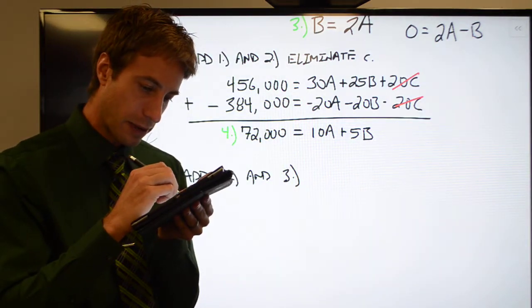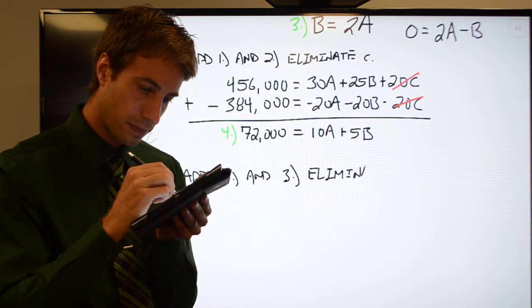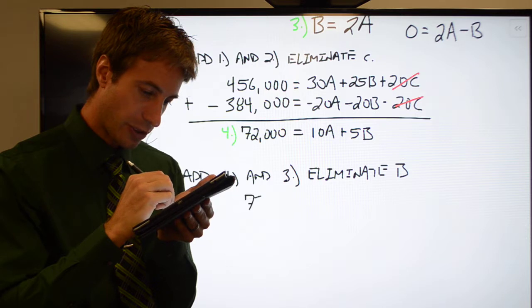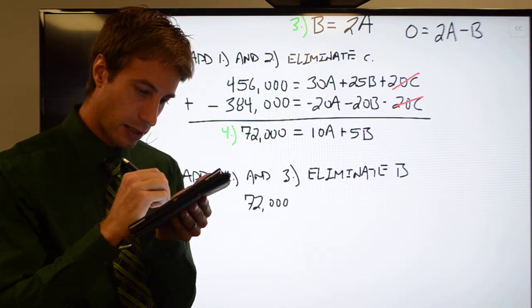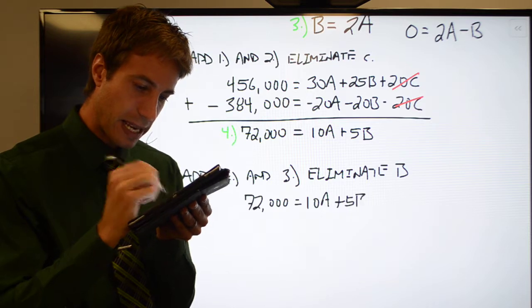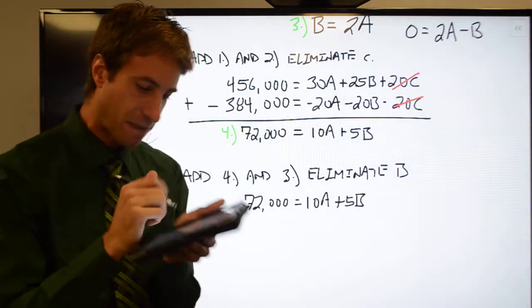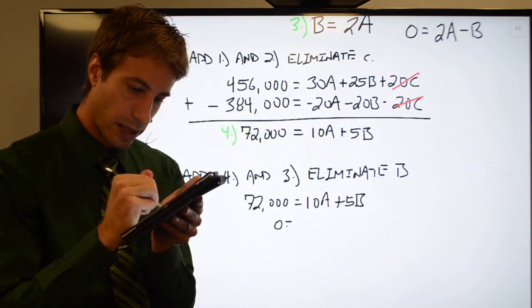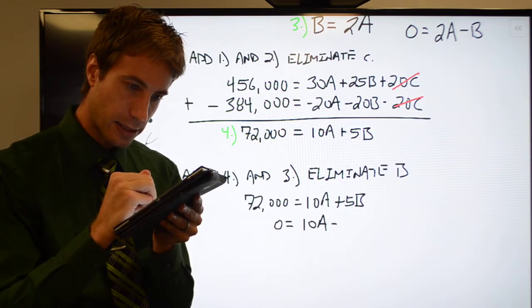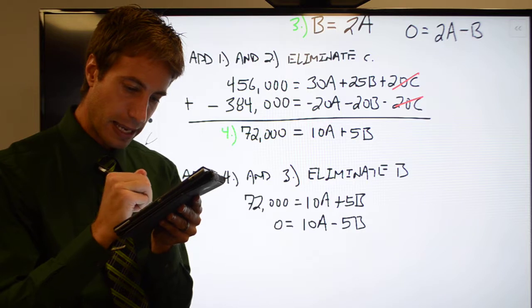So I will eliminate B. We'll have 72,000 is equal to 10A plus 5B. We'll multiply this guy by 5, which means 0 is equal to 10A minus 5B.